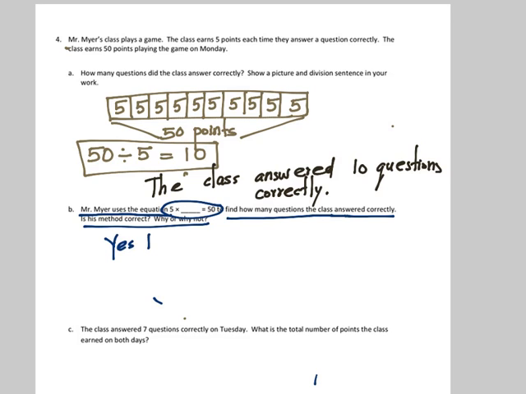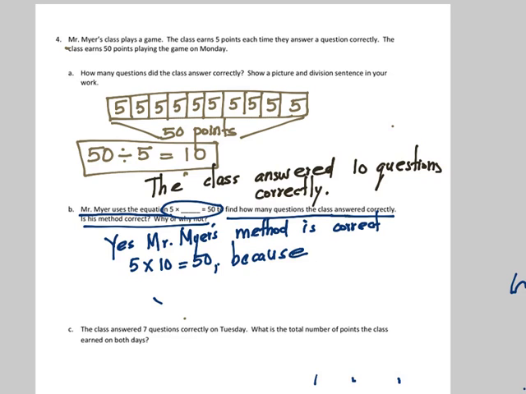You should write: Yes, Mr. Mayer's method is correct. 5 times 10 equals 50, because division is the inverse of multiplication. Period.